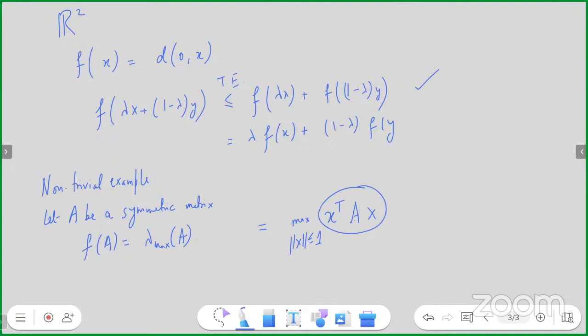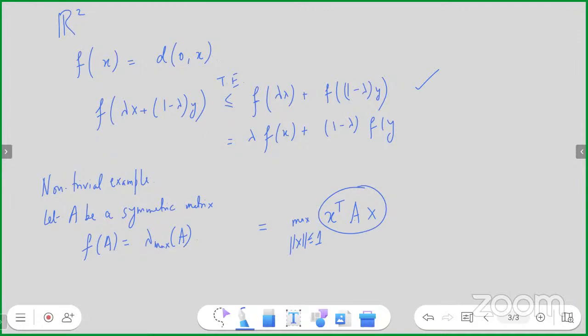So the max of convex functions is convex, and that is all you need to prove this. Once you have this characterization, it is nothing but a max over lots of convex functions, so it's convex. So this is a non-trivial example. The maximum eigenvalue happens to be convex.